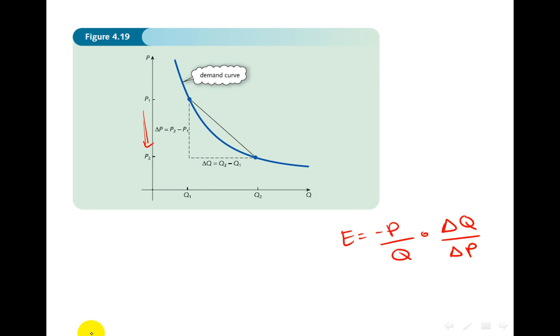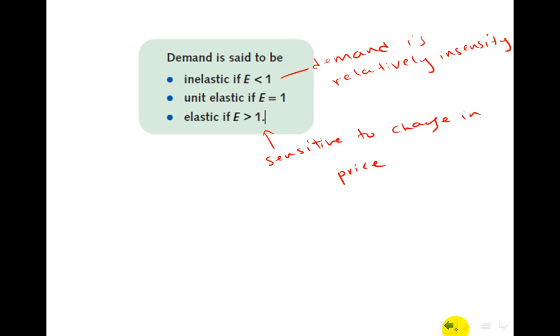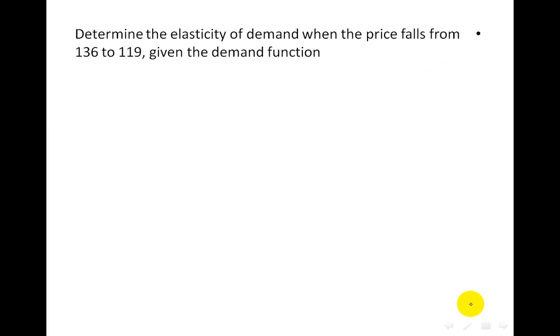Now let's have an example. The question is: determine the elasticity of demand when the price falls from 136 to 119, given the demand function P equals 200 minus Q squared.